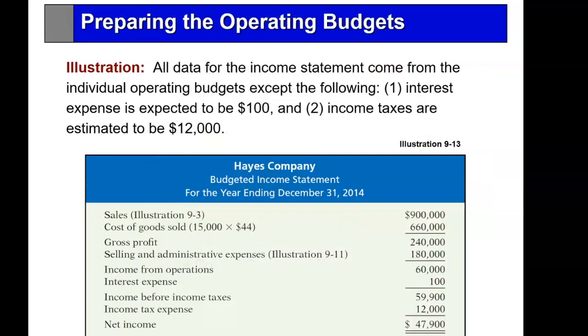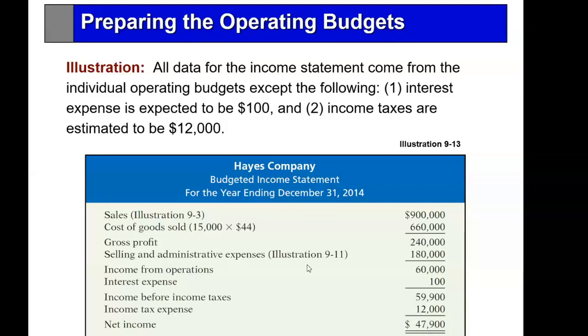And there I have my projected income statement, all right, for the year ended 2014. From my sales budget, the 900,000, from my cost of goods sold, which I just calculated, 660, gross profit 240. Selling and admin, all right, I go back to my selling and admin budget. I take the total for the year. I get income from operation, interest expense, income tax, and so on.